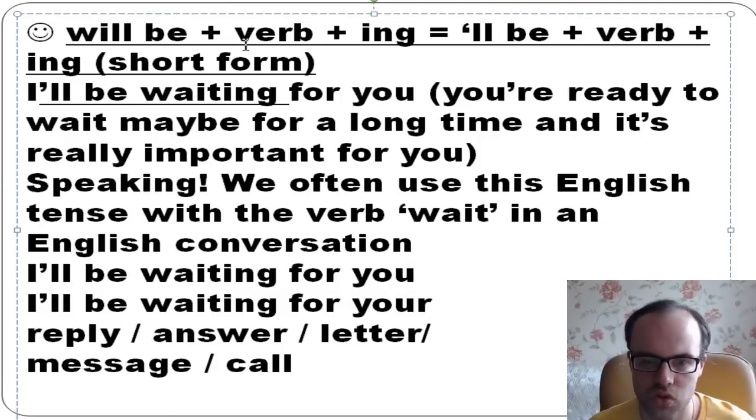So you see that we form it this way: will be plus verb plus ing, or we can use a short form. I'll be waiting for you means that you're ready to wait maybe for a long time, and it's really important for you. What about speaking? We often use this English tense with the verb wait in an English conversation.